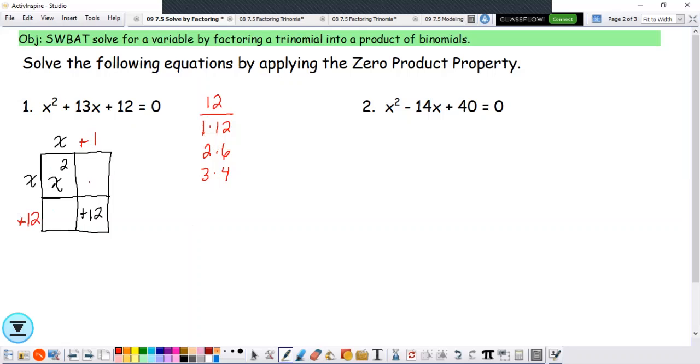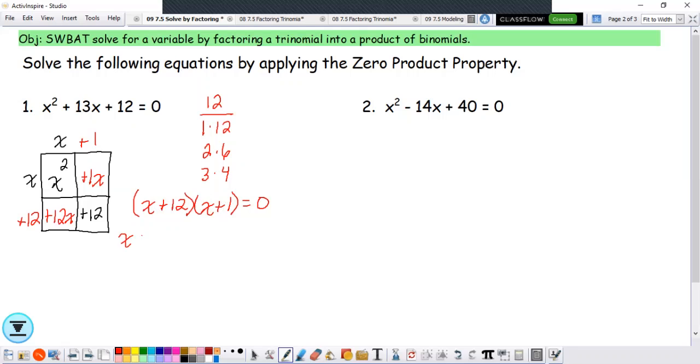So 1 times x is 1x. 12 times x is 12x. 1x plus 12x is 13x. And 1 times 12 is 12. So in factored form, my equation is now x plus 12 times x plus 1 equals 0.